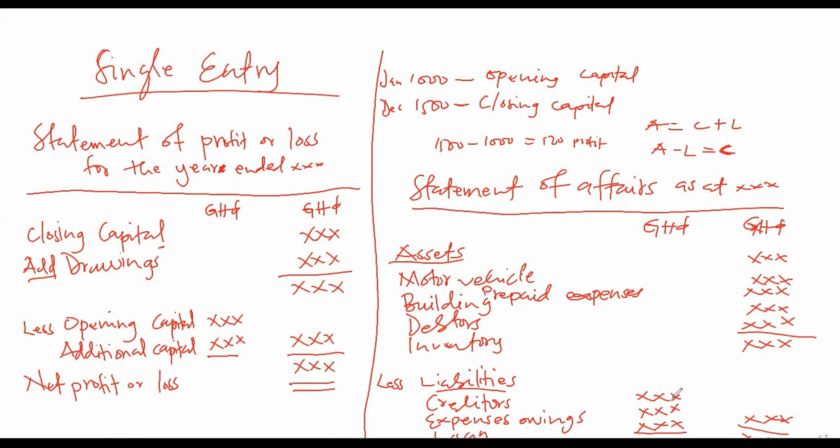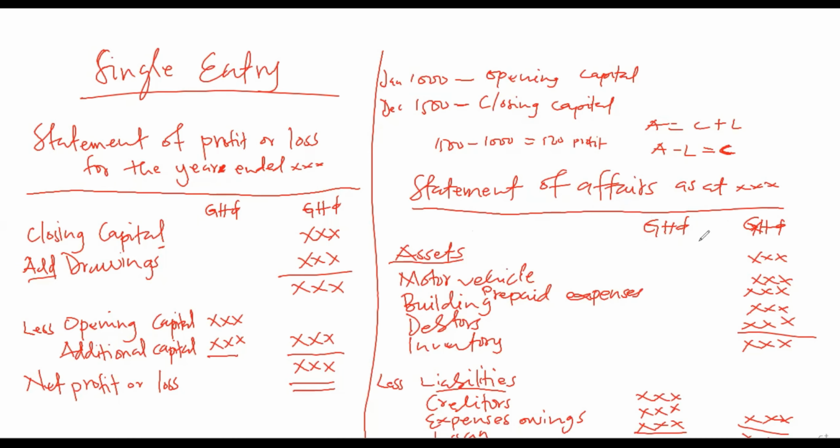But then for you to get your closing capital, it depends on the date. And for you to get your opening capital, it depends on the date. So if you want to get your opening capital, then you are going to say statement of affairs as at, let's assume, 1st January 2024.